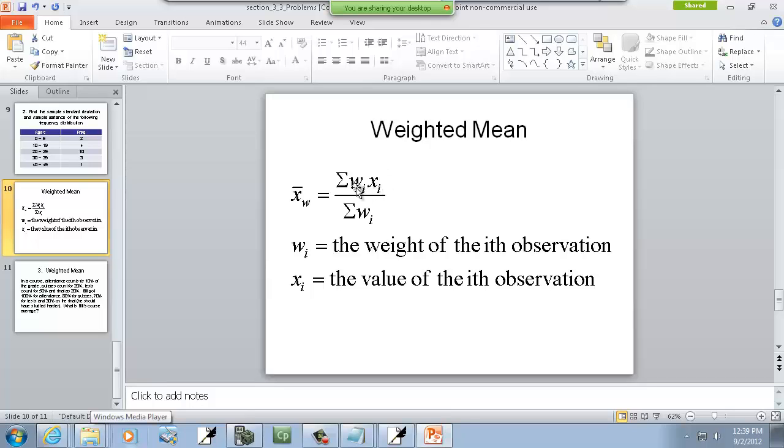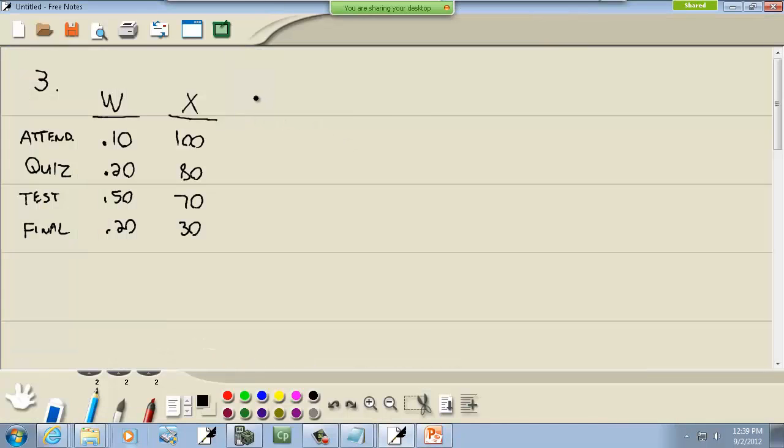Okay, now this means W times X. It means I need a column W times X. Nothing exciting there. We're going to take 0.10 times 100, 0.20 times 80, 0.50 times 70, and 0.20 times 30. I'm not very good with decimals, so I'm going to use my calculator.